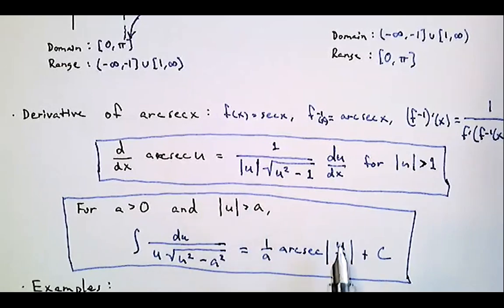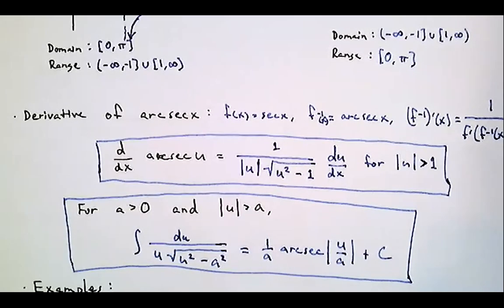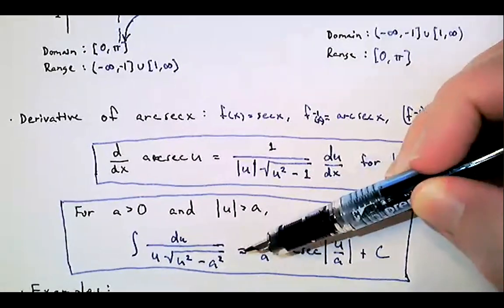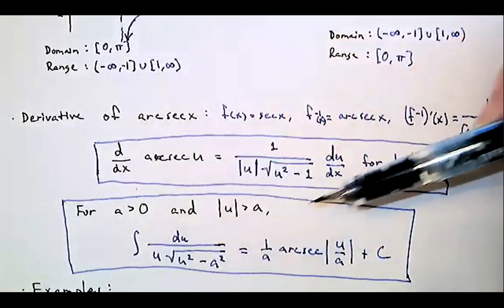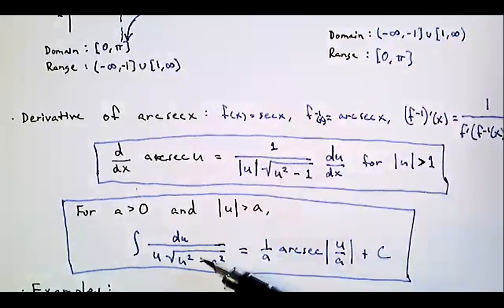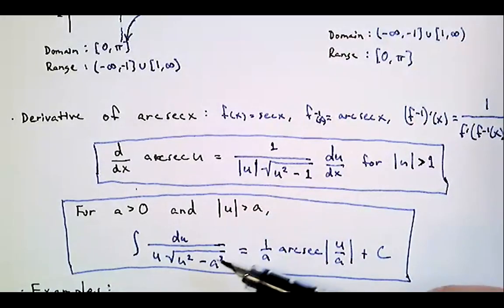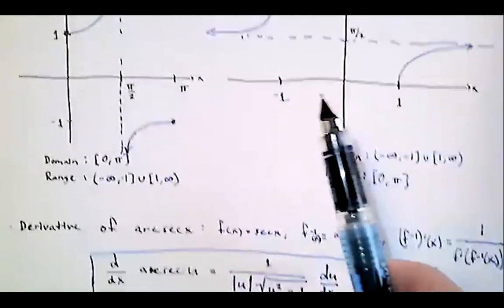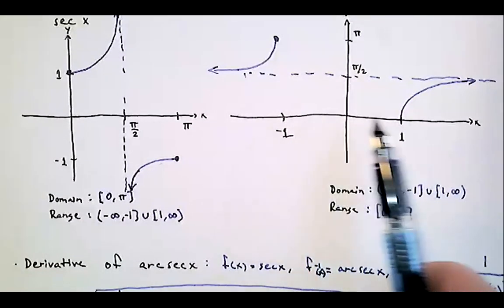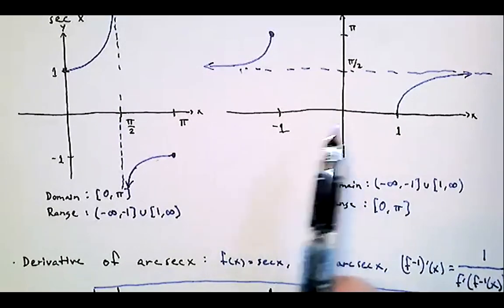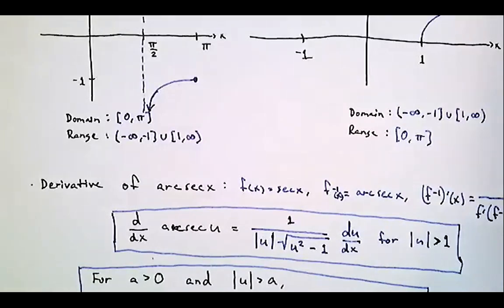So keep that in mind, where that absolute value goes. And also, you need to make sure that your constant here is actually going to be positive, and that your function u is always greater than whatever goes here. And this corresponds to the gap in arcsecant. So we have to make sure our u is always outside of this gap in the middle.